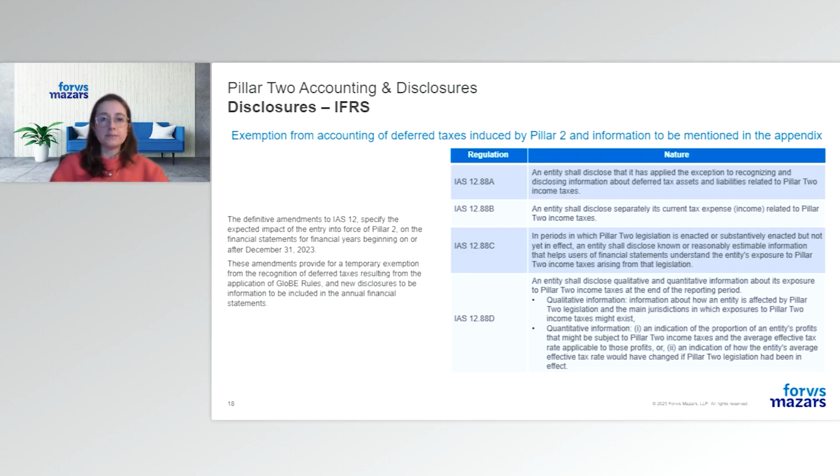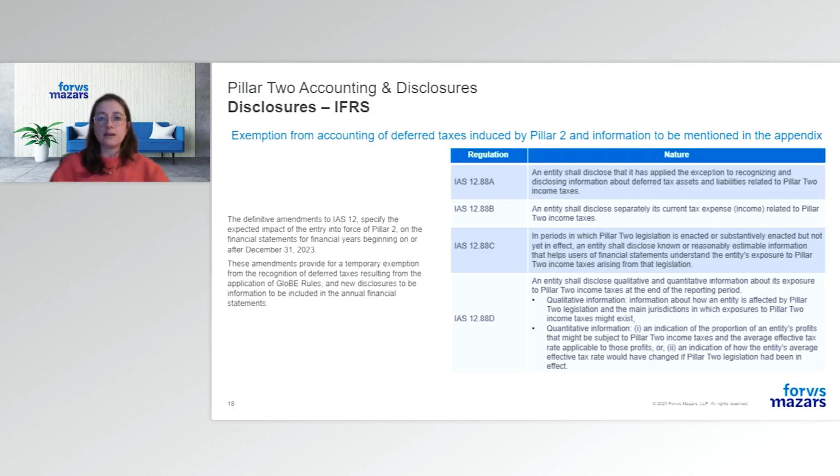The amendment specifies, so you see IAS 12.88A, that the entity shall disclose that it has applied the exception to recognize and disclose information about deferred tax assets and liabilities related to Pillar 2 income taxes. So this should be mentioned in the appendix.